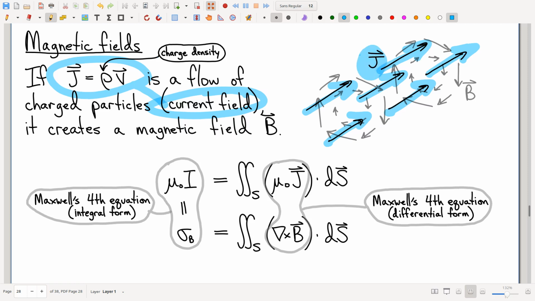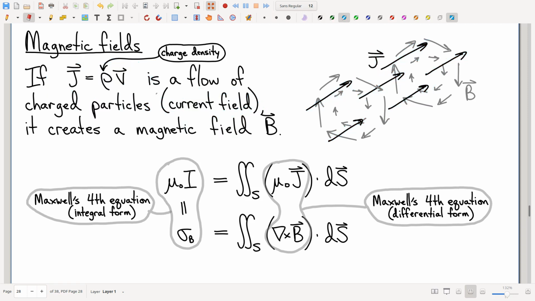Now, a fact of the physical world. Don't ask why, this is empirical. If you want to know the why, it gets real philosophical and speculative. But the fact is, it's empirically noted that when charged particles are flowing, that creates something called a magnetic field. It is a weird feature of our universe.